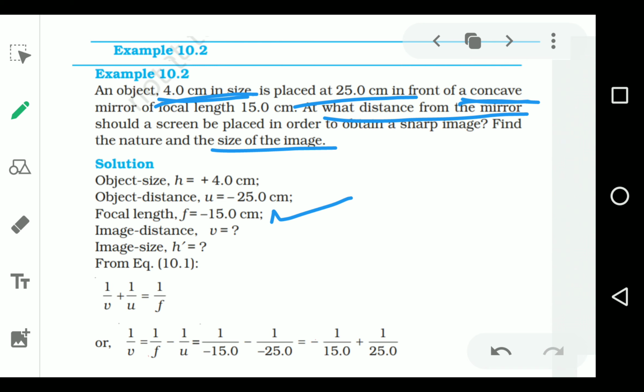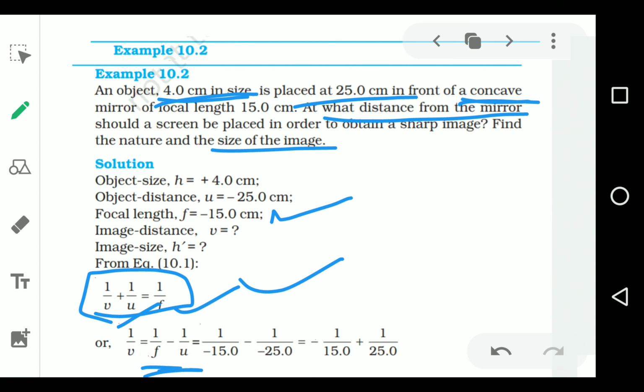So from the mirror formula, 1 by v plus 1 by u equals 1 by f. Here you know f is minus 15, and also you know u is minus 25. Easily you can get v. So 1 by v equals 1 by f, plus 1 by u taken to the RHS, so it becomes minus. So 1 by f minus 1 by u.